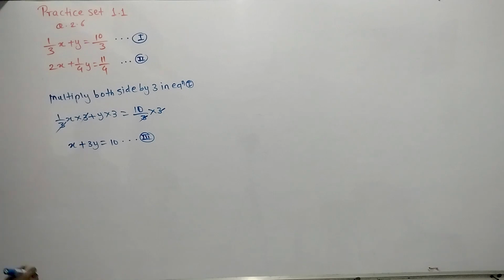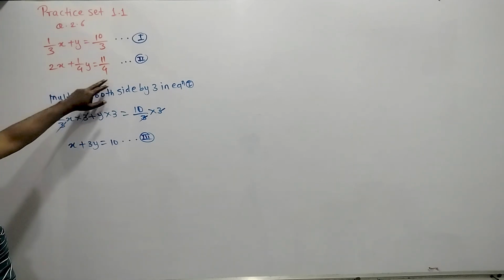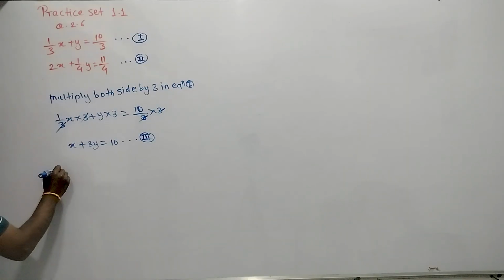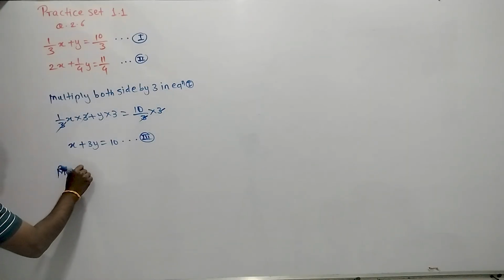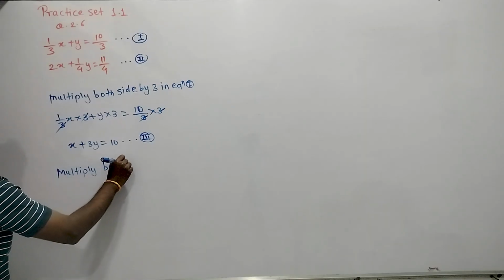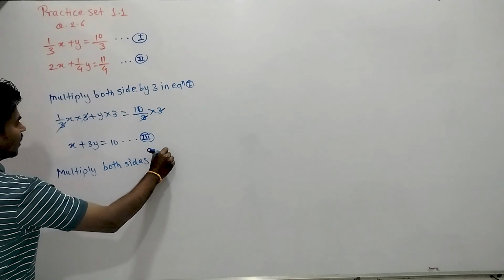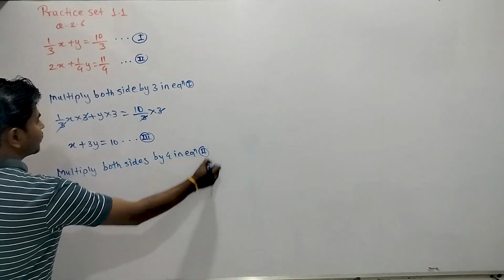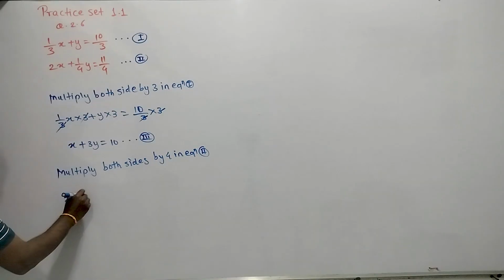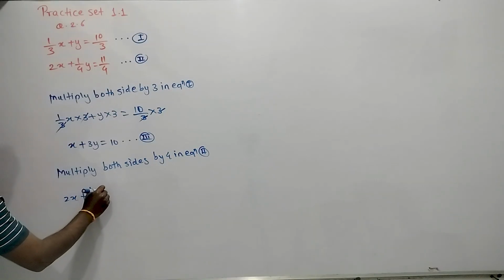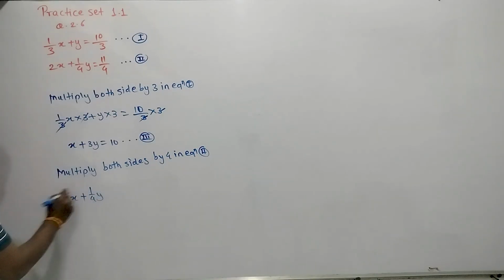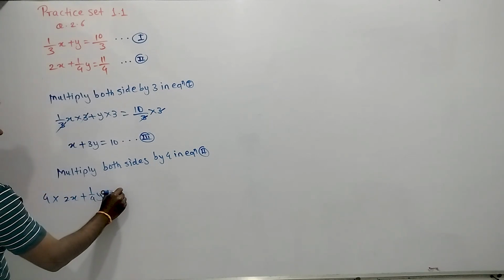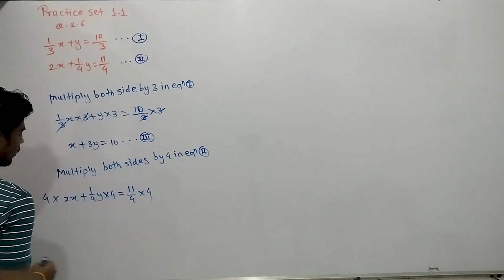3. Now here both side denominators are 4, so we need to eliminate this 4. So let's multiply both sides by 4 in equation 2. 2x plus 1/4 y, here 4 into 2x, 1/4 y into 4 is equal to 11/4 into 4.